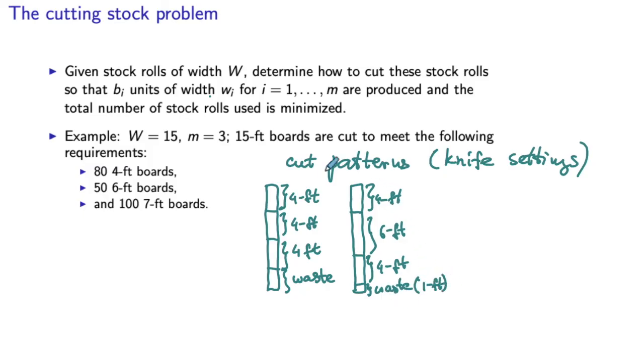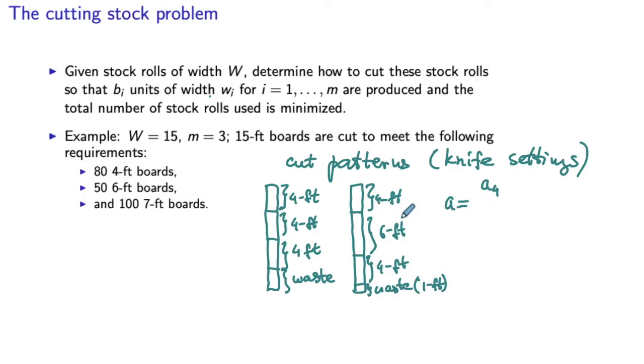Now we could represent the different cut patterns by a 3-dimensional vector. Because we have 3 different types of smaller boards that we need to produce, we could represent this by a vector A given by the following components. The first component will be denoted by A4, the number of 4-foot pieces that we are going to produce in our cut pattern.